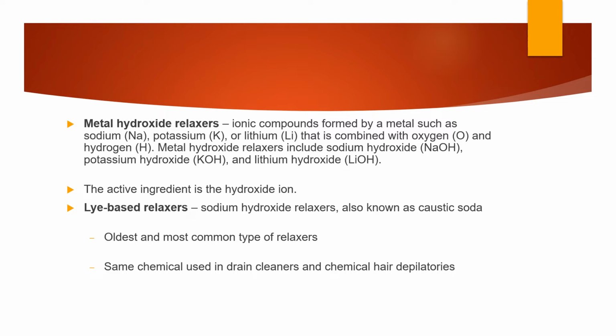Sodium hydroxide relaxers are commonly called lye relaxers. Sodium hydroxide is the oldest and one of the most common types of chemical hair relaxer. Sodium hydroxide is also known as lye or caustic soda and can cause hair loss and skin burns if used incorrectly.